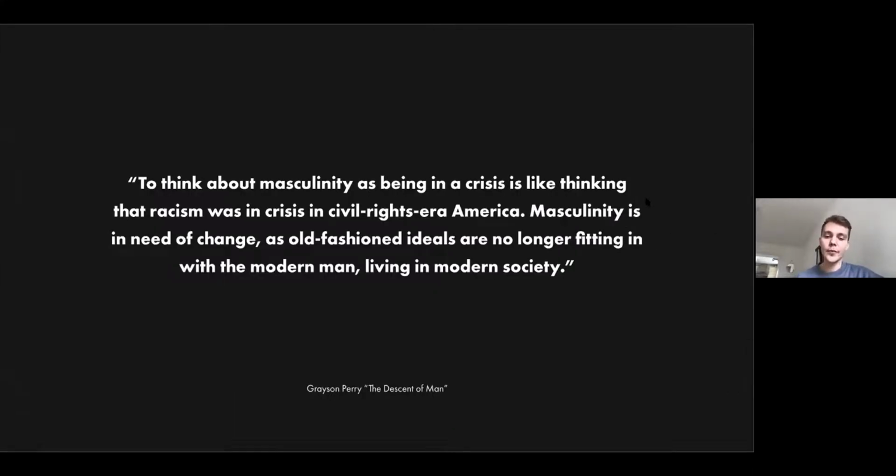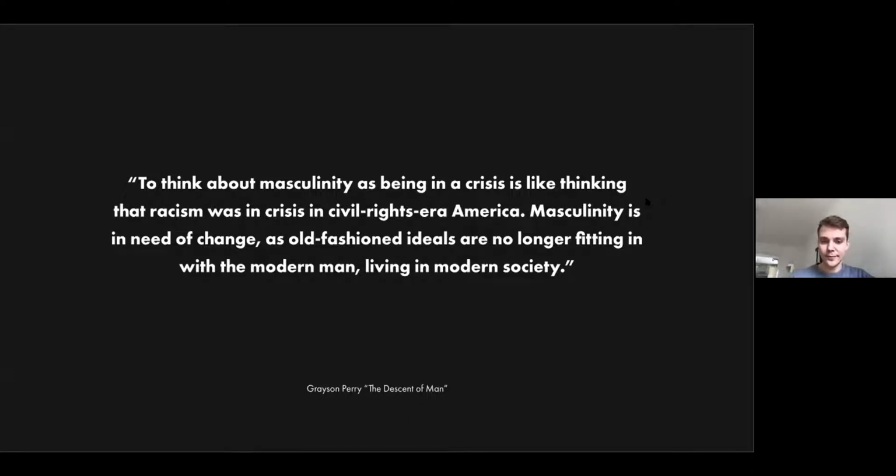Grayson Perry, an artist, a transvestite, an author, says that masculinity being in crisis is like thinking that racism was in crisis in civil rights era America. Masculinity is in need of change, as old-fashioned ideas are no longer fitting in with the modern man living in modern society.